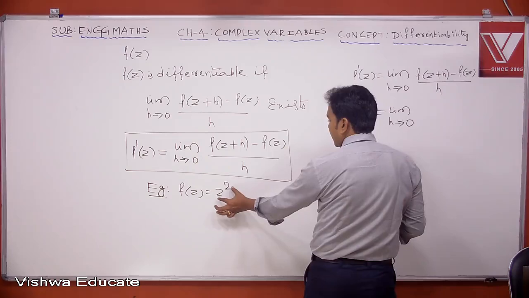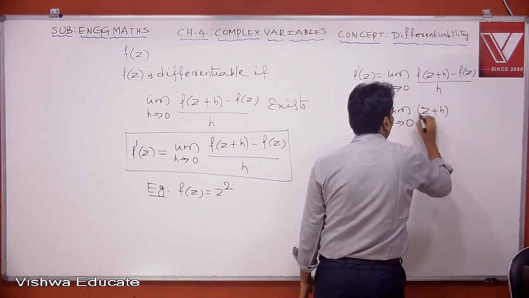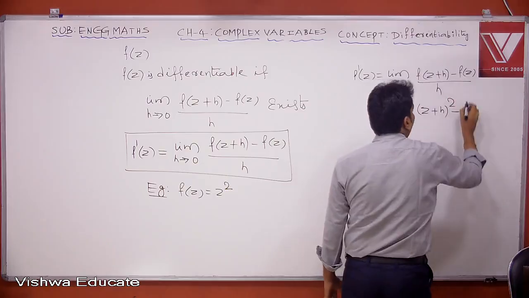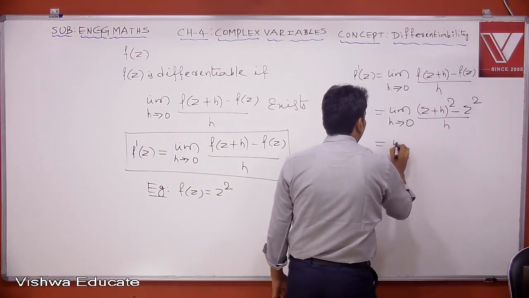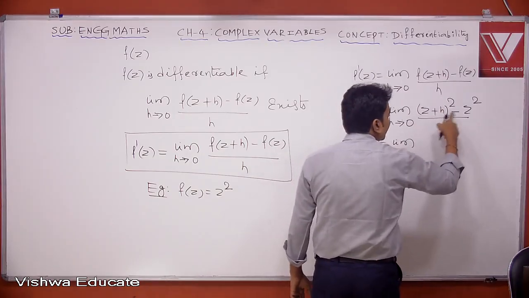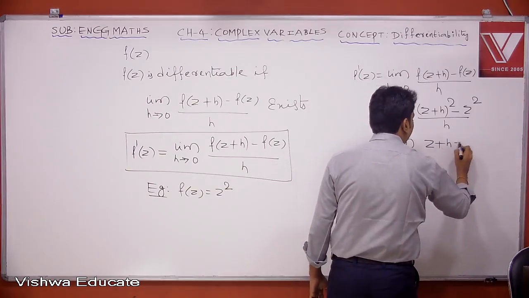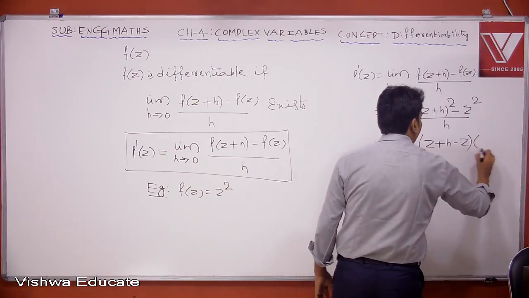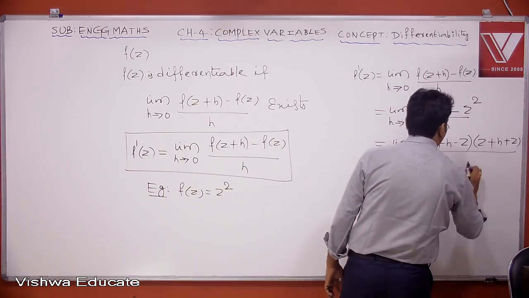Here f of z is z square. Therefore, f of z plus h is z plus h whole square minus f of z is z square divided by h. So, therefore, this is limit h tends to 0. It is in the form a square minus b square. So, the formula is a minus b into a plus b. So, z plus h minus z into z plus h plus z divided by h.